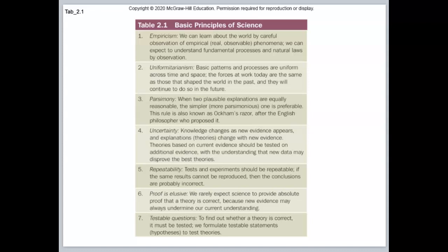If new data or evidence appears, science must change its explanation. Science must be testable, it must be falsifiable, and it must be malleable or changeable. Number 5, it needs to be able to be repeated with the same results. It needs to be reliable and be able to be repeated by others in order to see the trends.